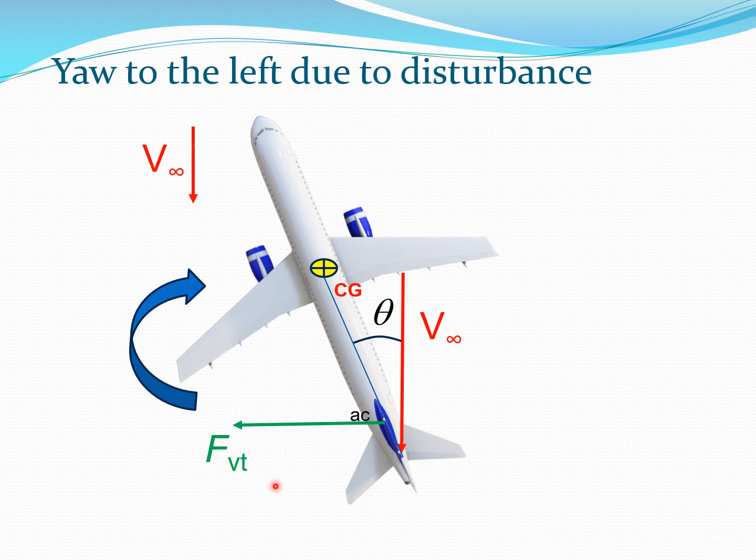This lift force is again given by FVT, where VT stands for vertical tail. It is going to act at the aerodynamic center. Because of the distance between the CG and the aerodynamic center, a moment is created by this force, and this is a restoring moment, which I have shown here. Therefore this restoring moment is going to try to bring the aircraft back to its straight position, which I had shown a couple of slides before.